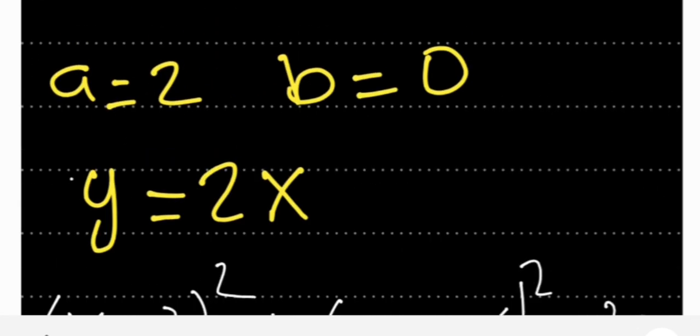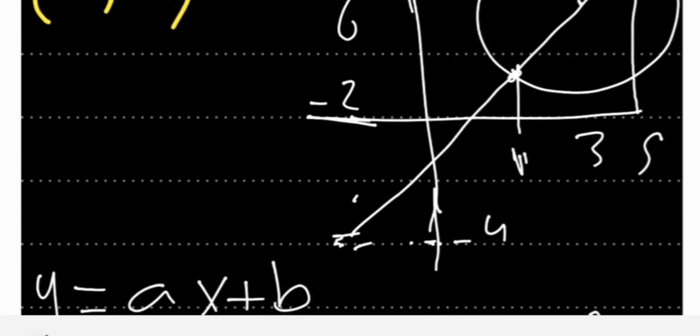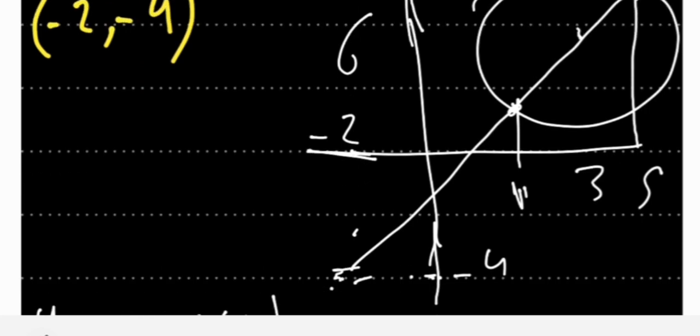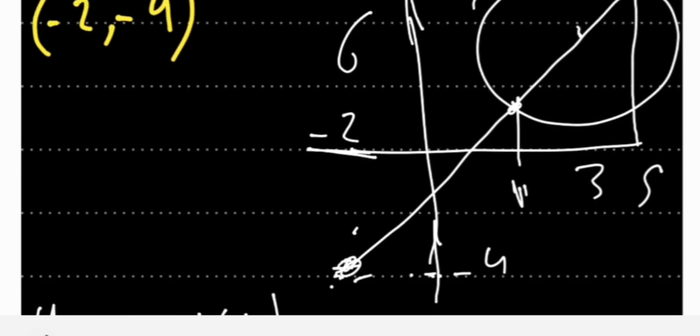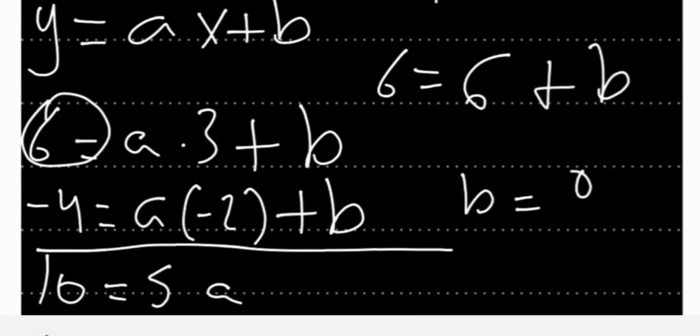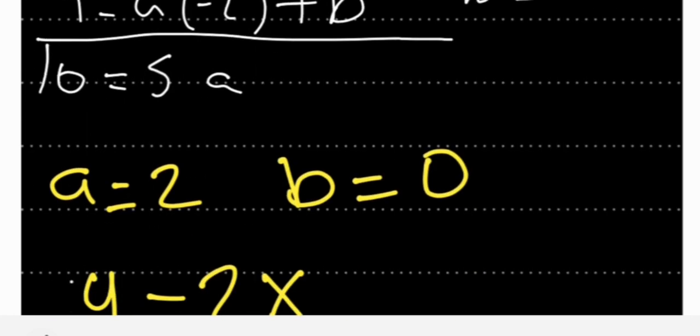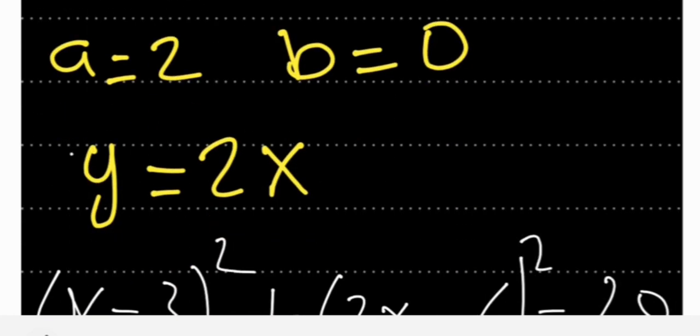Remember, from where did we find x equal to 1? We made a line that goes through the point that we want to find the distance from, this point over here, that goes through the center. We found the equation of this line by finding the value of a and of b, and then we found the equation of the line.